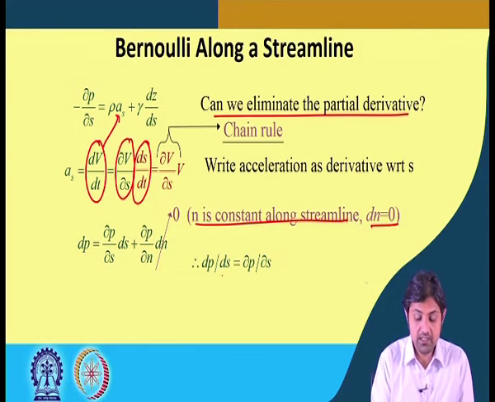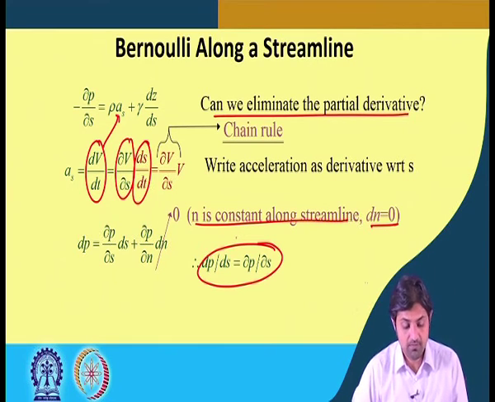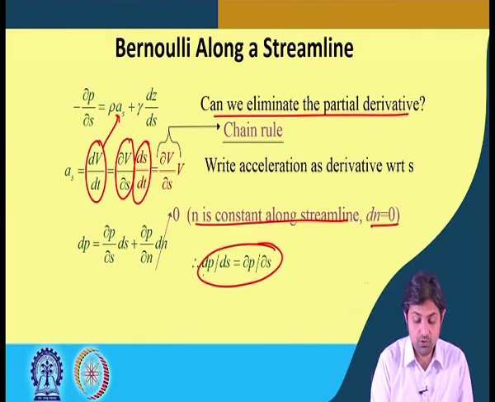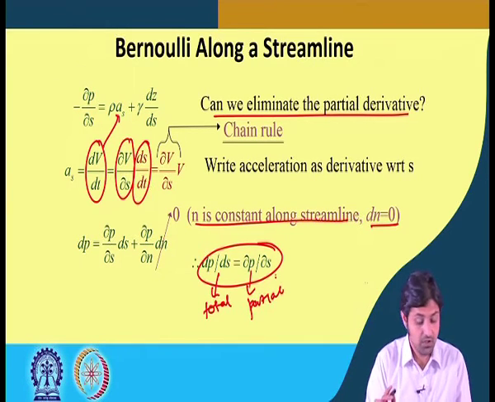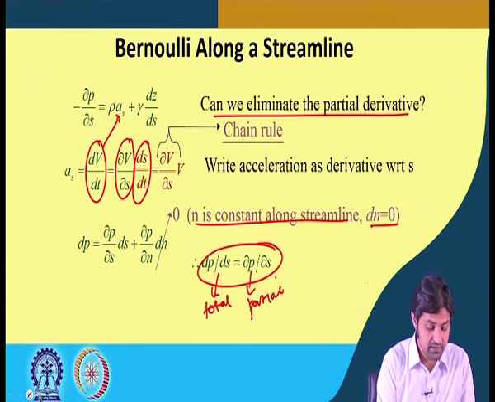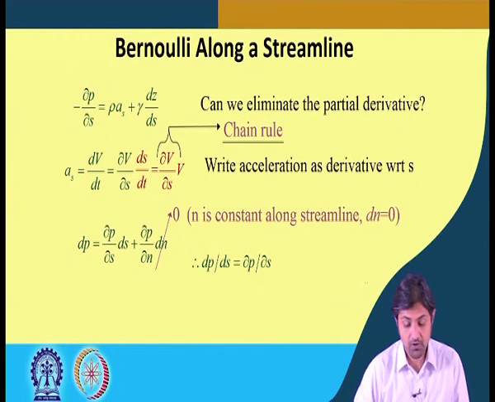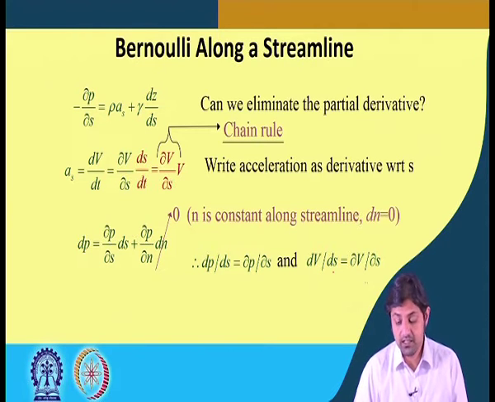So dP by ds can be written as del P del S. You see, now this is the total and this is the partial. Okay, that is why we are able to write this. And dV ds is written as del V del S.